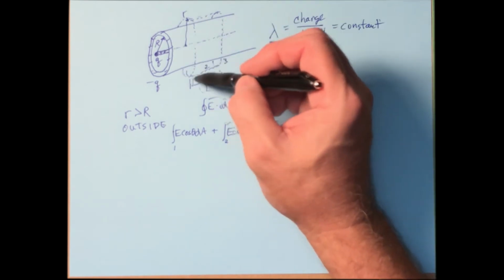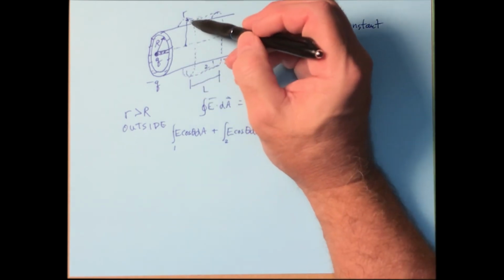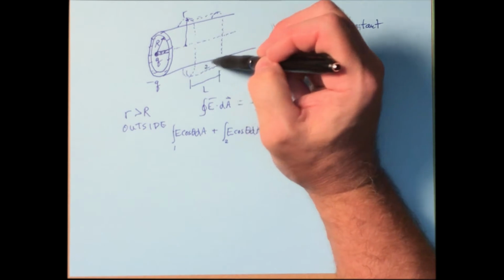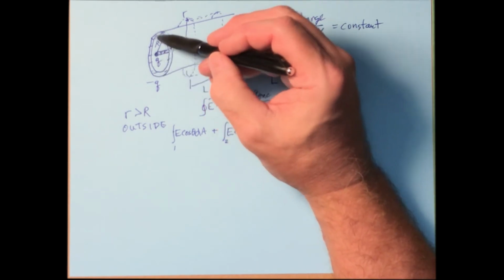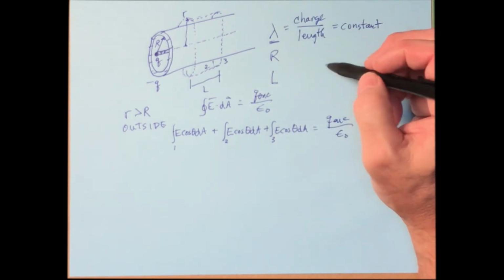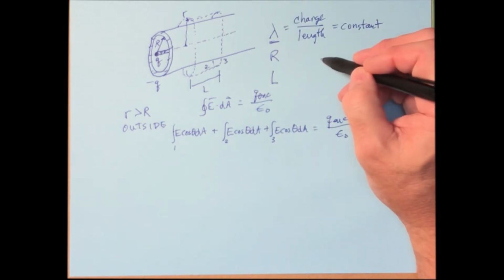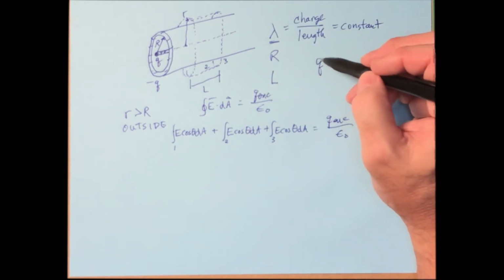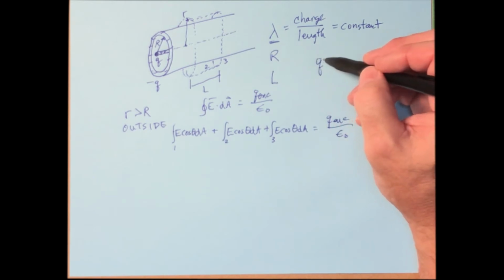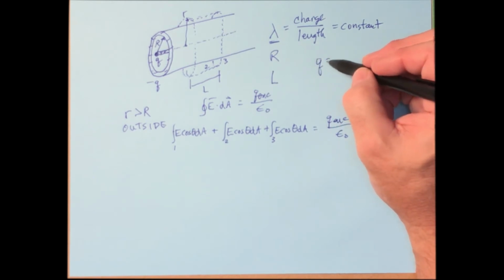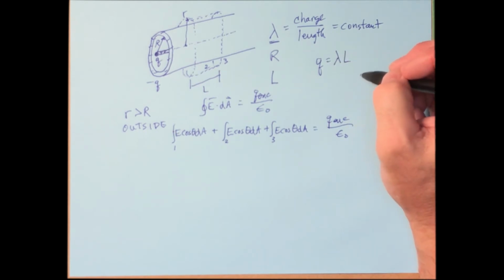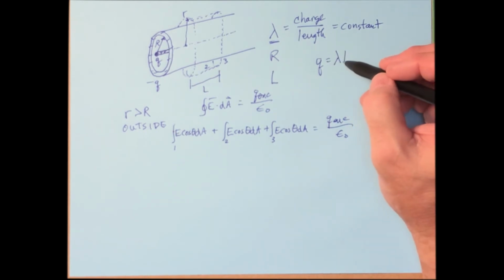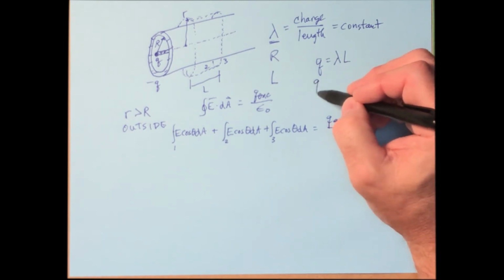So the amount of charge that's enclosed is going to be the amount inside the Gaussian surface here, and that includes the center part and the outer part. We have this lambda value, but Q, the center Q, positive Q, is going to be lambda times that length L. Well, what is the negative?